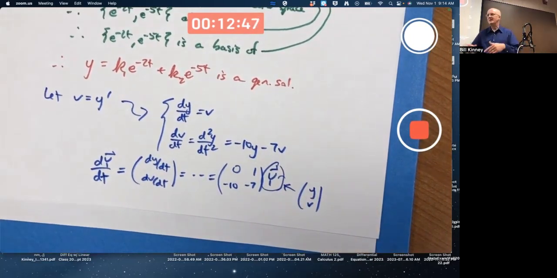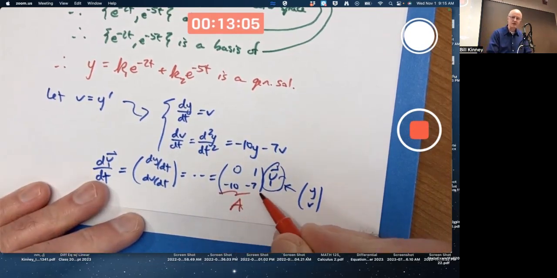We use x and y in general when we're not talking about any applications, but when we're talking about the harmonic oscillator, our variables are little y and little v. Those are the same as capital Y. And here's our matrix A.